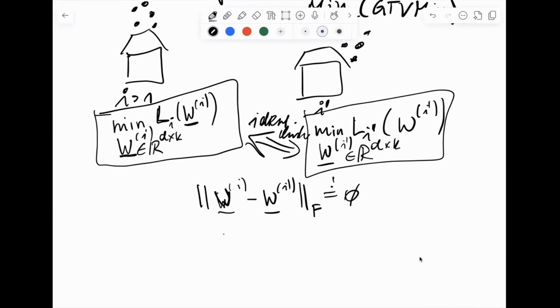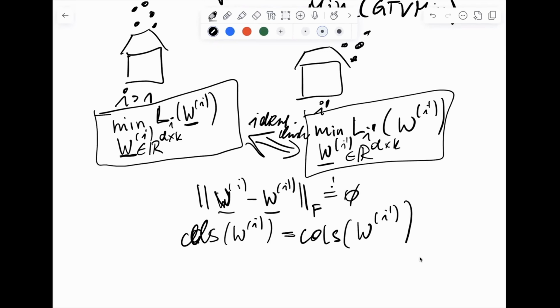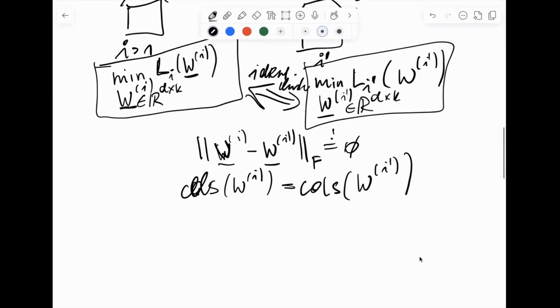We use a measure that makes sure that the set of columns in W_i is identical in the sense of sets. So the sets must coincide with the set of columns in the clustering at i'. So the set of columns must be identical.